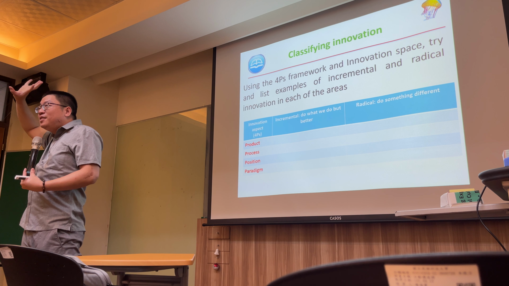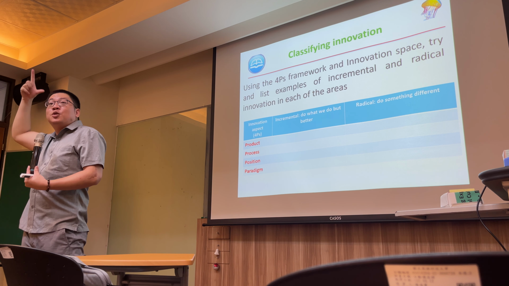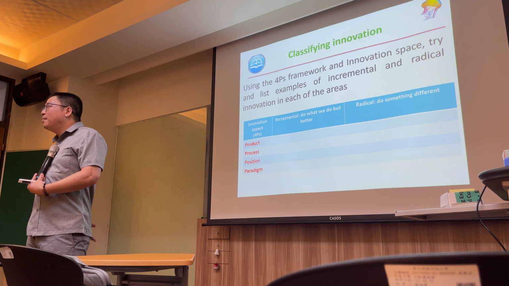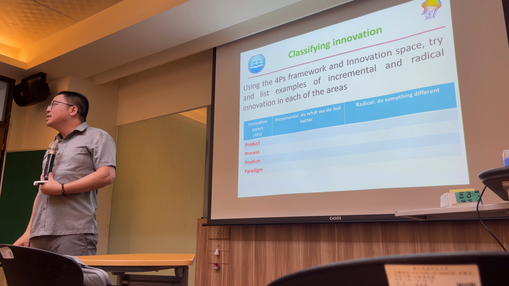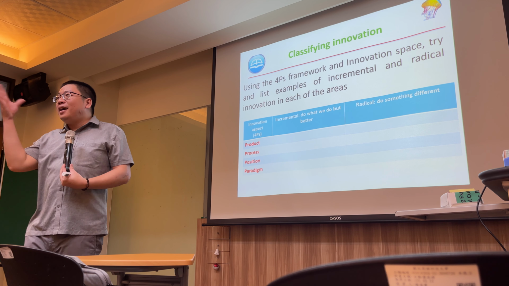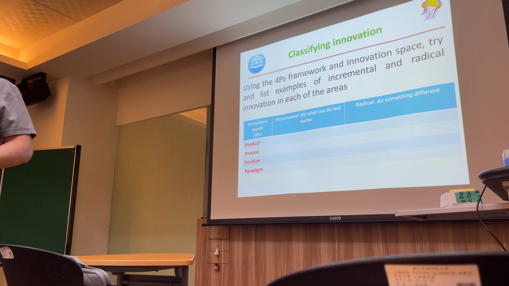Low cost airline is different, and it's related to products, right? So you should put it in product and radical. Understand? So you have two groups. Okay, keep this group, and you have 10 minutes or 15 minutes, maybe 10 minutes is enough, to fill in this table, and then let me know your answer.